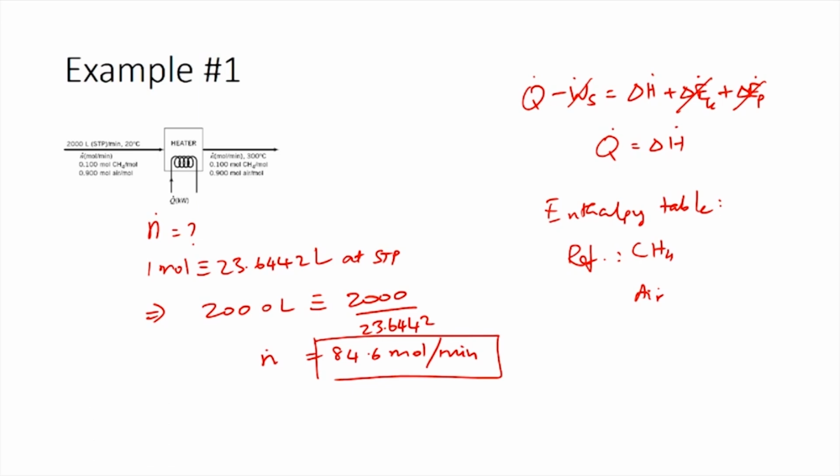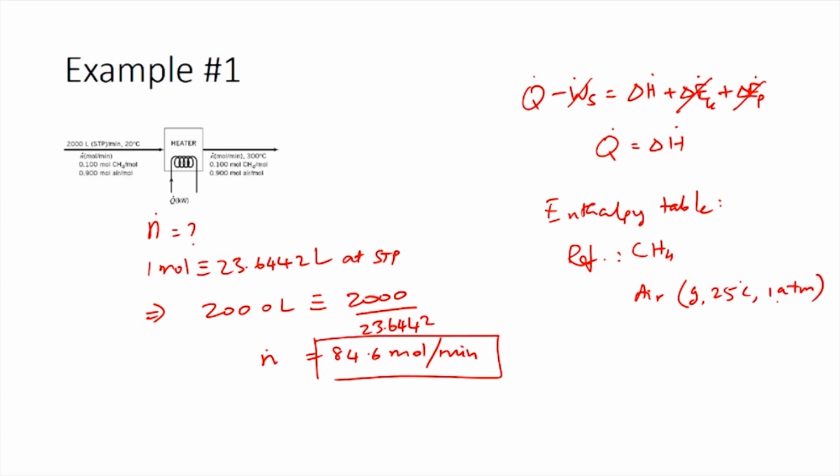So, using the reference state from the table would be appropriate for air. The table in your textbook Felder-Rousseau is table B8. If we use table B8, we have to use the appropriate reference state from the table, which is gas at 25 degrees Celsius and 1 atmosphere. Methane does not have any such table.